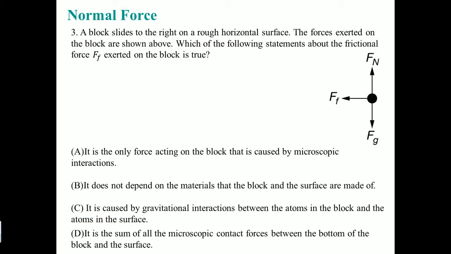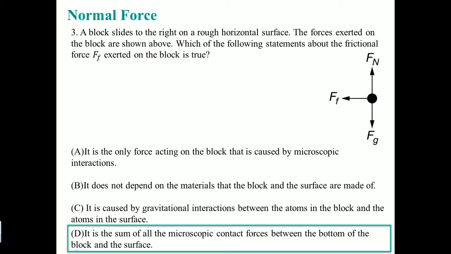3. A box slides to the right on a rough horizontal surface. The forces exerted on the block are shown below. Which of the following statements about the frictional force, Ff, exerted on the block is true? The sum of all the microscopic contact forces between the bottom of the block and the surface.